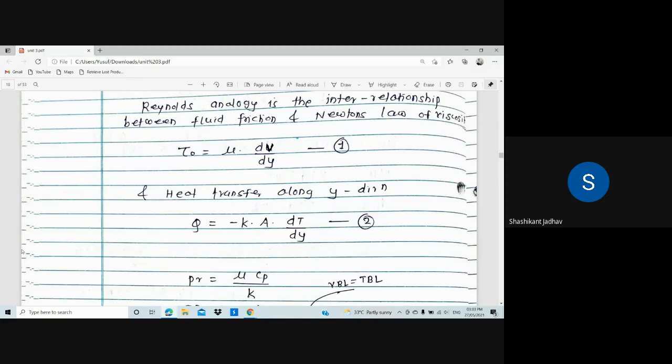That is the equation number 1. This is Newton's law of viscosity. Shear stress is directly proportional to the rate of shear strain.